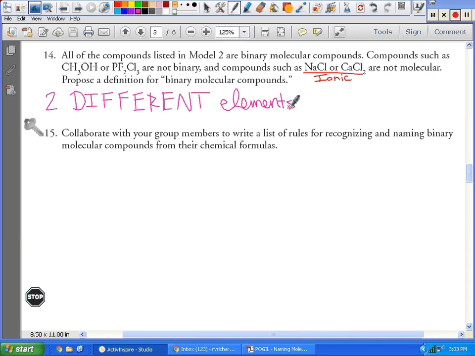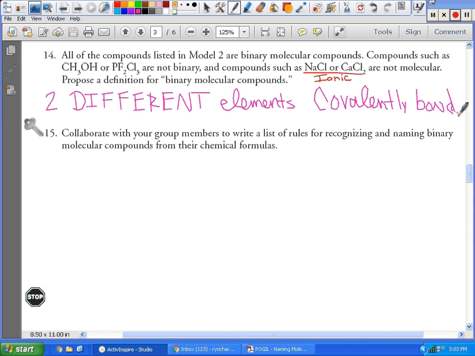That is what a binary molecular compound is: when 2 different elements covalently bond. You can say that.